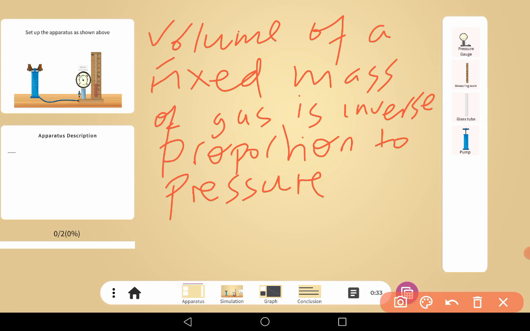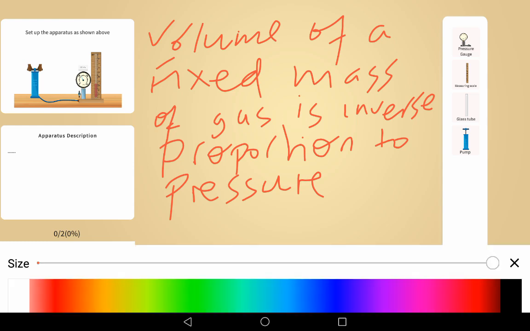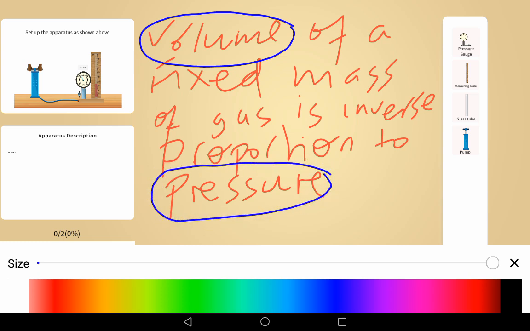What the law is saying is that when a gas is confined in a closed system, let's say in a syringe or pump or any other gas system, if the volume of the gas is decreased, pressure is going to increase.